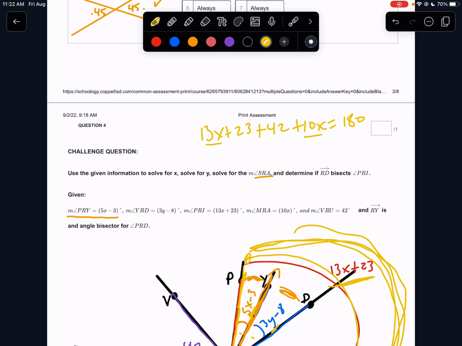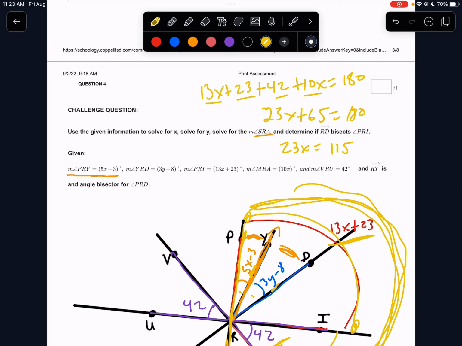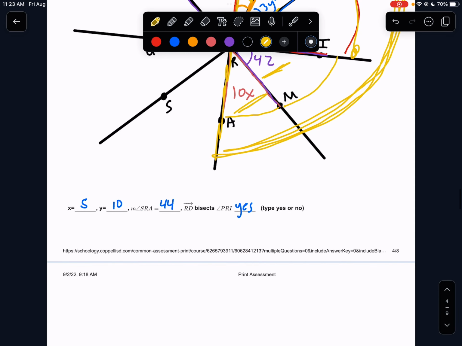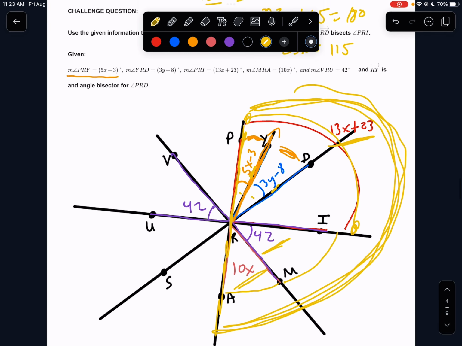We have 23x, and 23 and 42 would be 65, equals 180. So 23x equals 115. That should be 5, but I don't want to be wrong. So 115 divided by 23 is in fact 5. So I know that x equals 5.